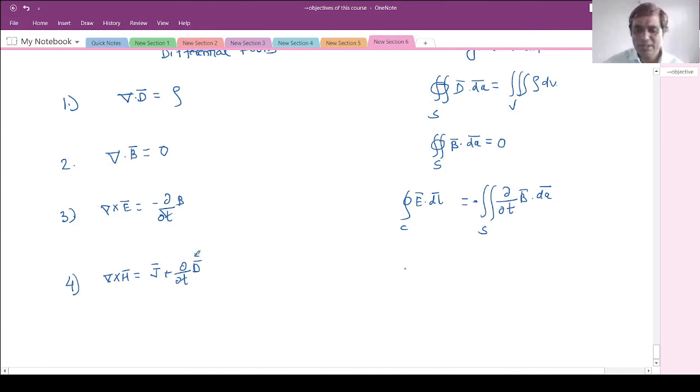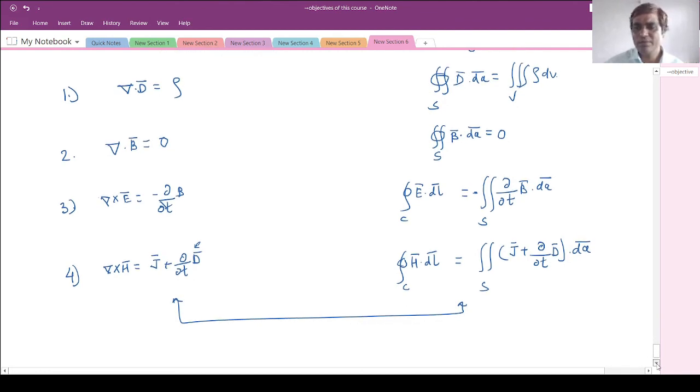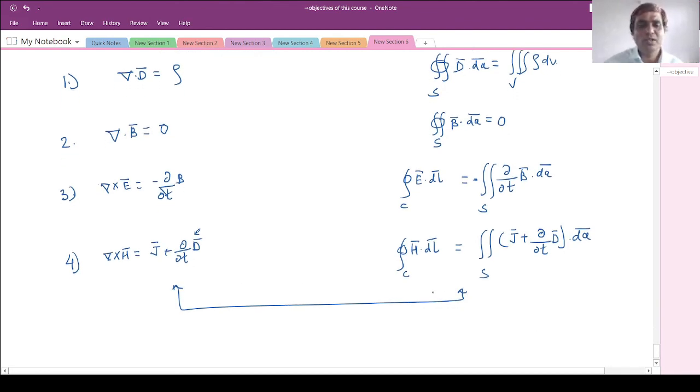And in integral form you can write the contour integral of H̄·dl̄, which gives the magnetomotive force, equal to the surface integral of the total current, that is the conduction current density plus the rate of change of the displacement vector, over small area dA. All this is valid for static as well as time varying fields. So this is what the Maxwell equations are.